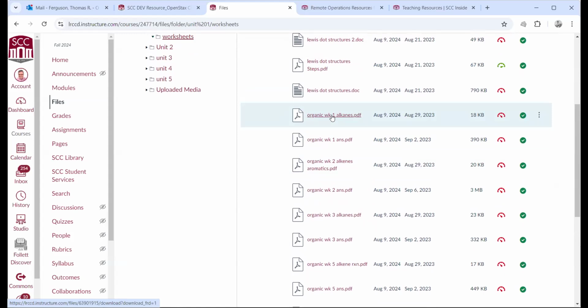These I like a little better than the dry lab multiple choice, because the dry labs don't have line structures. They only have the condensed structures in them. And these worksheets have line drawings instead.